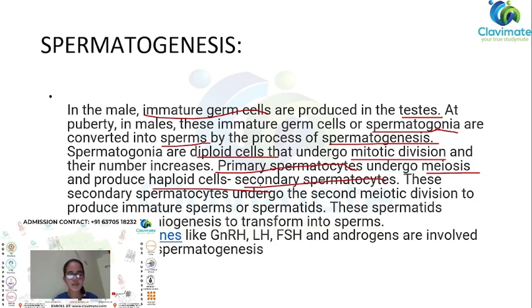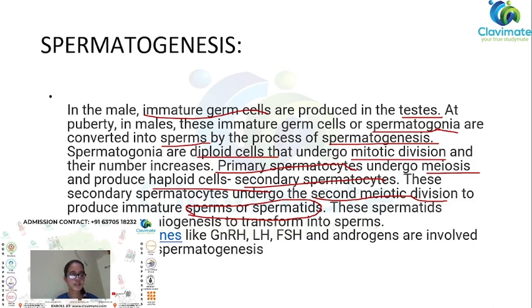These secondary spermatocytes undergo the second meiotic division to produce immature sperms, or spermatids. These spermatids undergo spermiogenesis to transform into sperms.